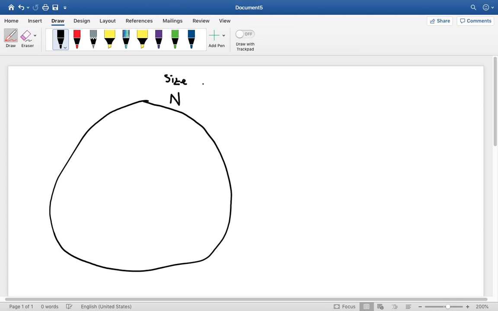The mean or the average of a population is this Greek symbol called mu. It's spelled M-U, mu.